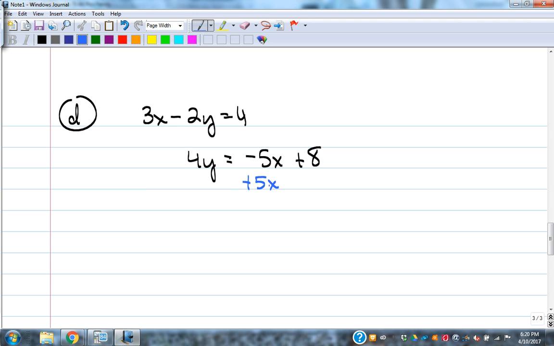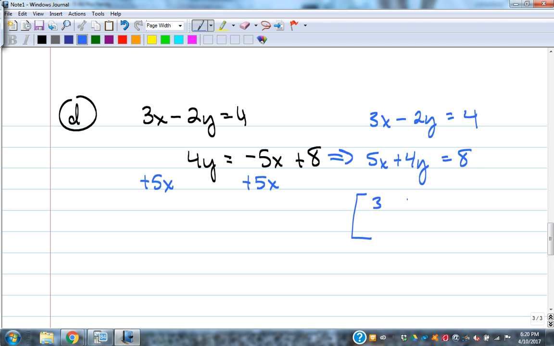So we would need to move this 5x over here so that becomes 5x plus 4y equals 8. To do systems of equations, especially with the augmented matrix, you need the problems to be in that order. So you'd have 3, negative 2, 4, 5, 4, 8.